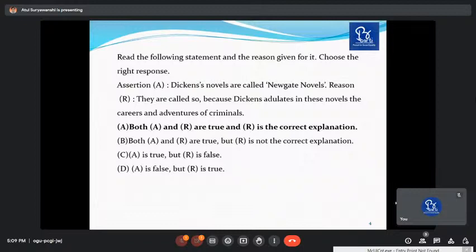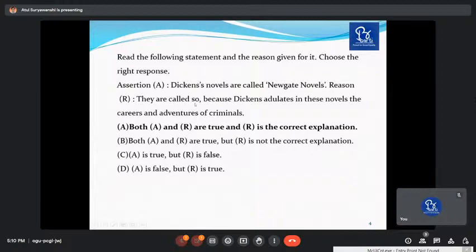Read the following statement and the reason given for it. Choose the right response. The assertion given is: Dickens' novels are called Newgate novels. Now, what is the reason for it?